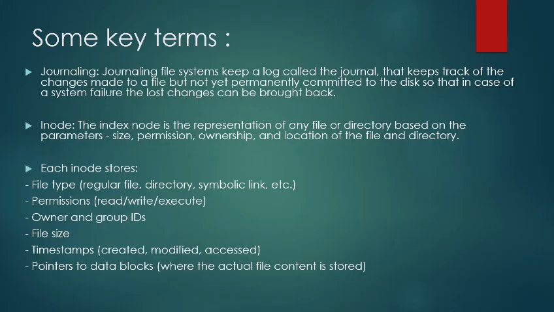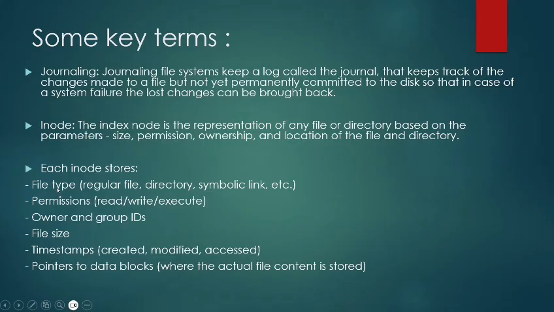In the file we have data, but where is that file located? What is the size of that file? Whether that file has ownership or not. All this information is metadata, the data about the data, and it is stored as the inode number.